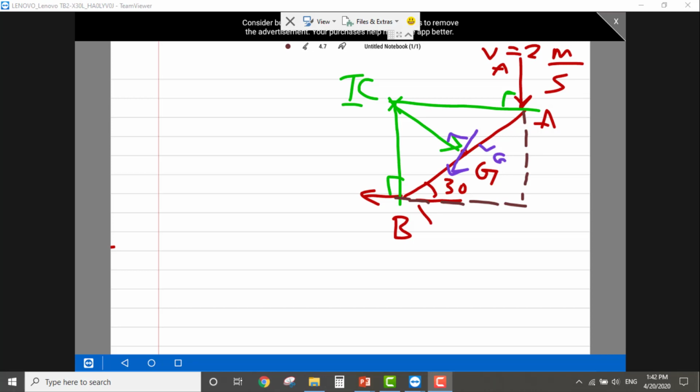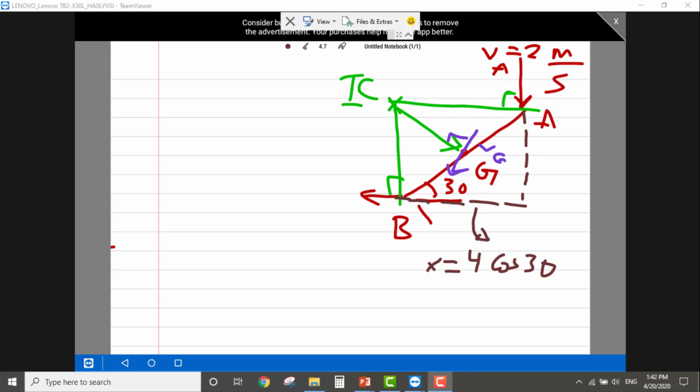So this length, let me name it X, is equal to 4 cosine 30.